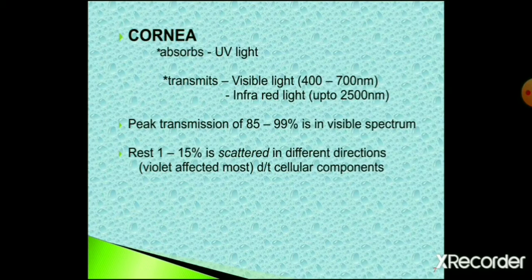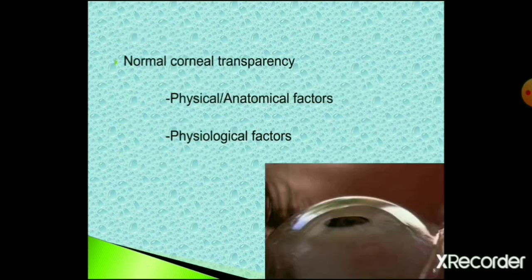So usually the cornea absorbs UV light, but it transmits visible light of 400 to 700 nanometer, and infrared up to 2500 nanometer. Peak transmission 85 to 95% is in the visible spectrum, and the rest is scattered in different directions due to the cellular component of the cornea.